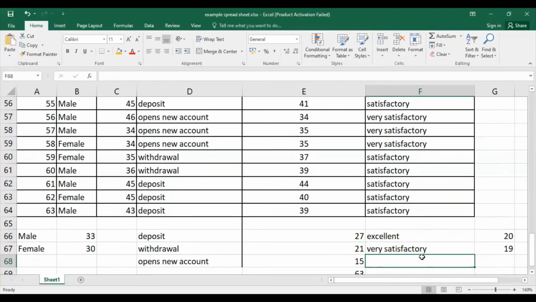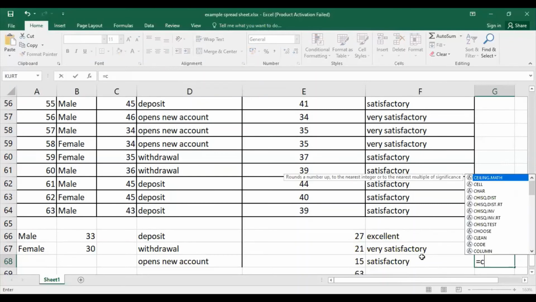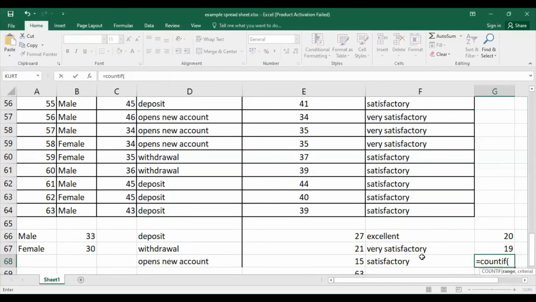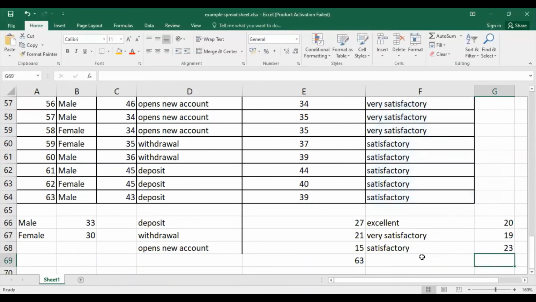And the second to the last would be satisfactory. Okay, and we have here equals Countif, open parenthesis, F2 up to F64, and then comma, our criterion is satisfactory. Okay. And there are 23.